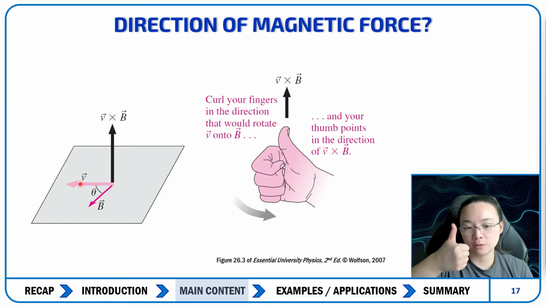That thumb's direction, up, is the direction of the magnetic force. So just make sure you use your right hand for that.